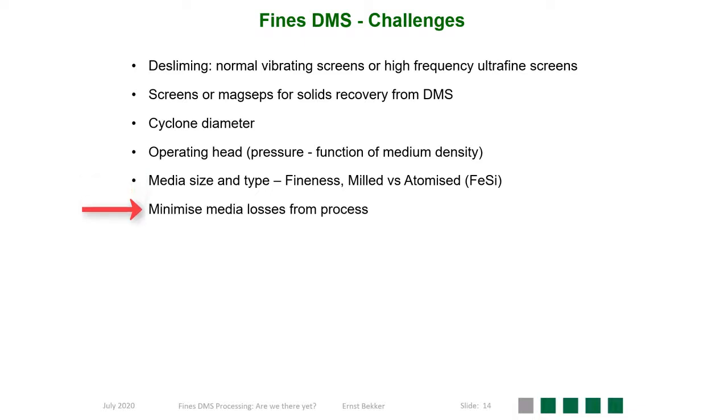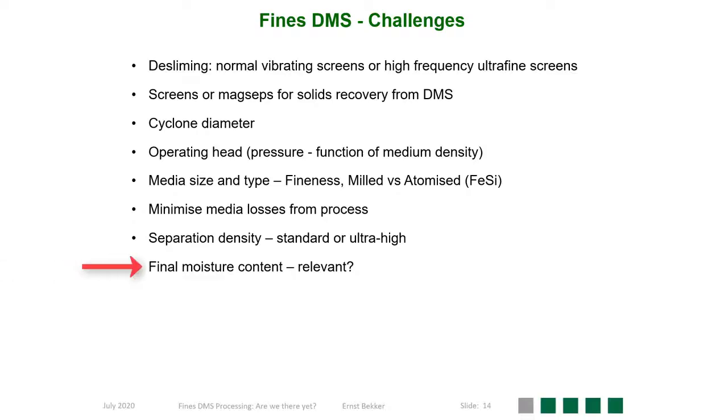How do we minimize the media losses from a fines dense media separation process? The separation density, is it the standard type of density or is it the ultra high density? Ultra high density is defined as densities above SG 3.8 or RD 3.8. Is the final moisture content relevant of the fine material?